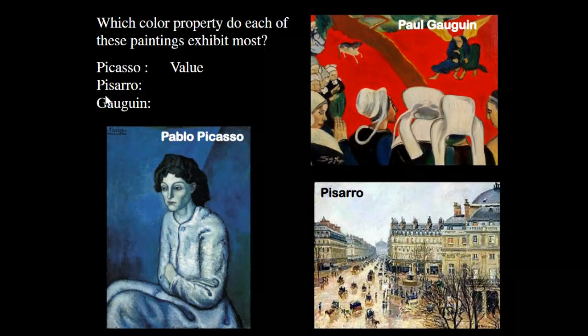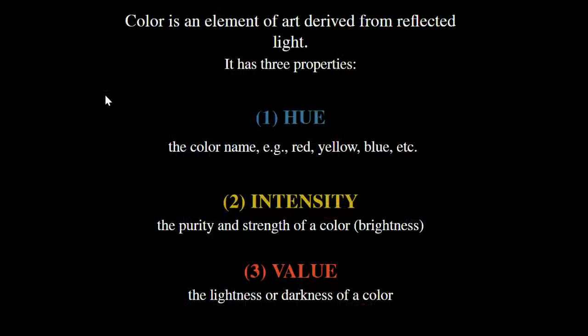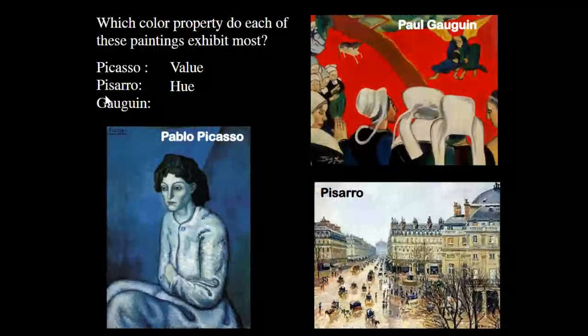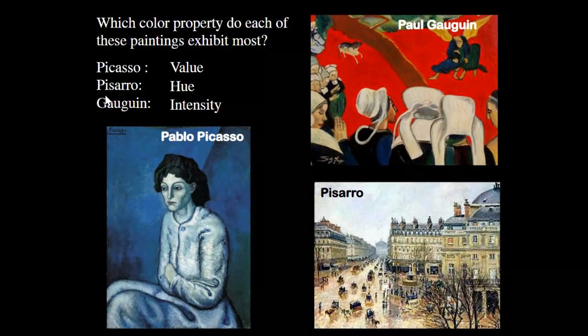I can't really see it. Intensity? Is that what you're going to say? Hue. I guess it's talking about the blue. So that means intensity. Yeah, they all exhibit all of those things. That's a little bit of a hard question to answer, but that's maybe what they show the most.